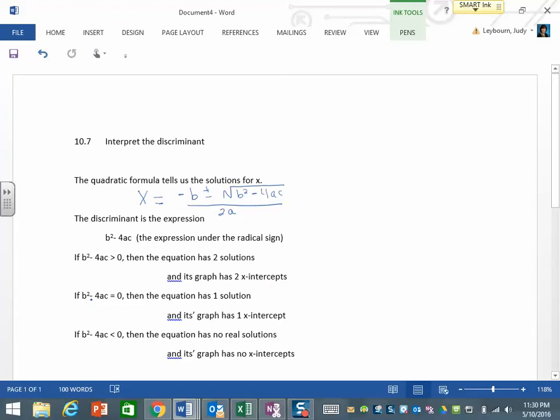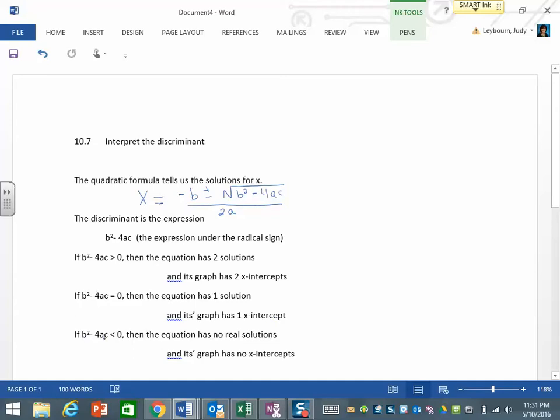If b squared minus 4ac equals 0, then there's only one square root of 0. We don't have to put plus or minus. And so we're only going to get one solution for the equation, and its graph only has one x-intercept.